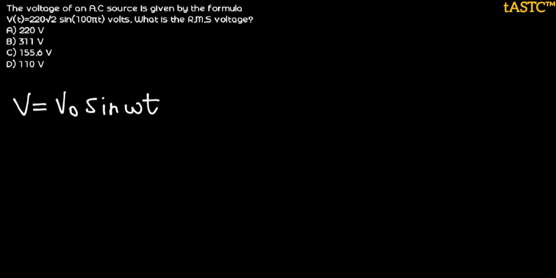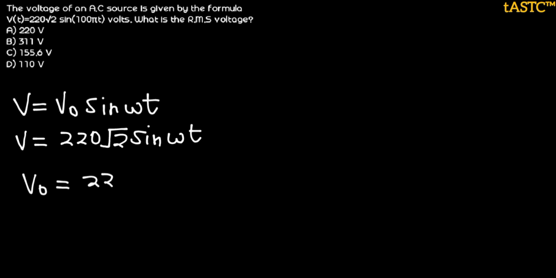So from here we got V equal to 220 root 2 sine omega t. So from here we can see that V0 is equal to 220 root 2. So the RMS voltage will be equal to V0 divided by square root of 2.